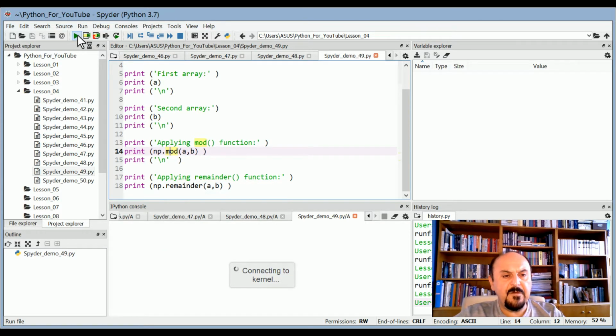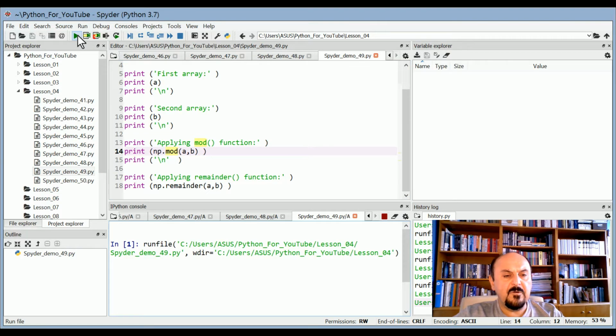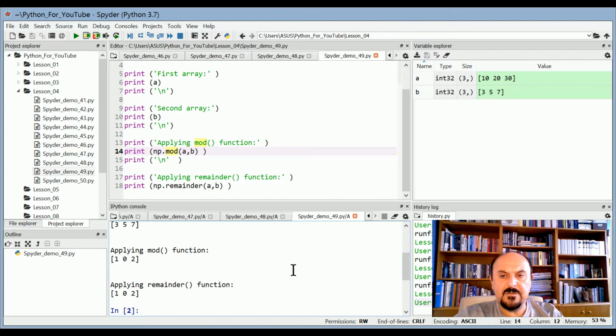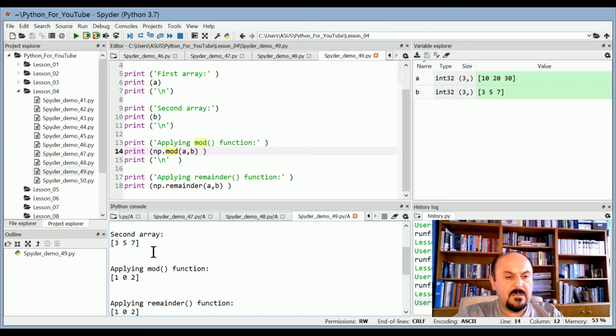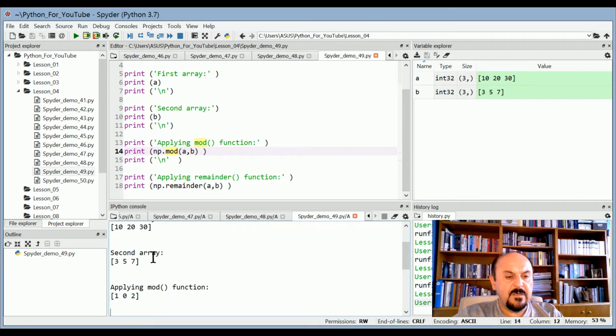As you might be familiar with from previous languages, you could guess: for the first array it gives only 1, because the remainder of dividing by 3 is 1. This one is divided without any remainder, 0 remaining, and for 30 divided by 7, 2 is the remainder.